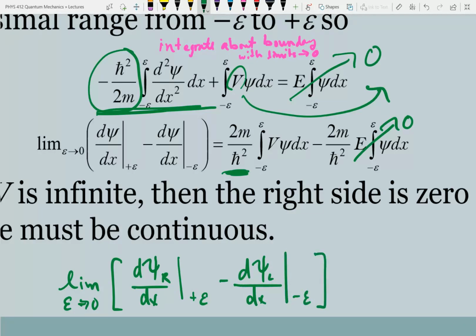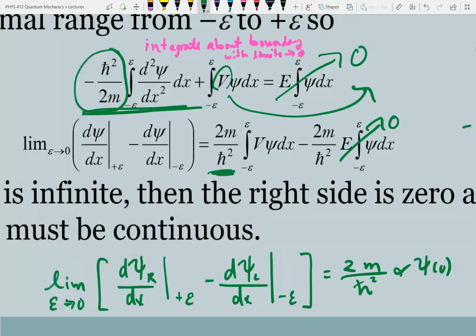The limit of the difference in those two has to equal 2m over h bar squared times alpha times psi of 0. The alpha psi 0 is because we just did the integral right there.